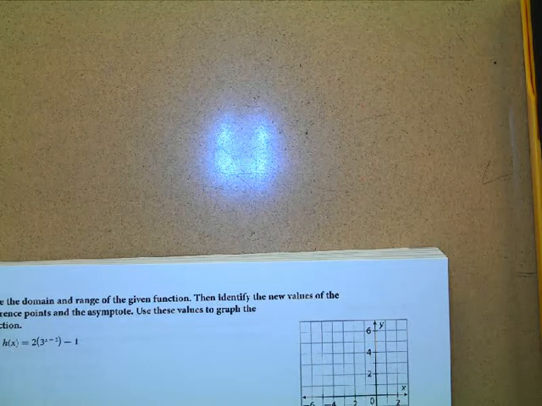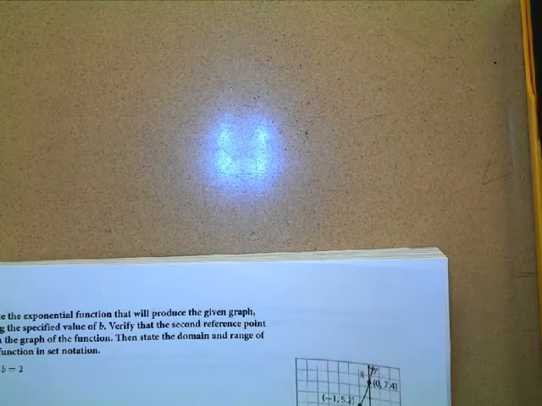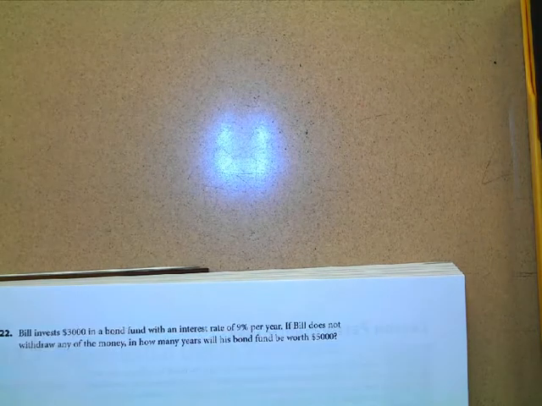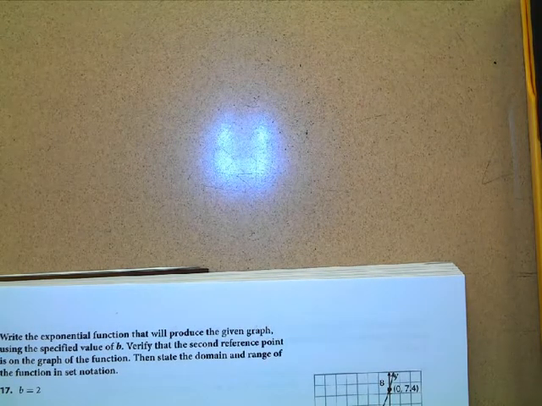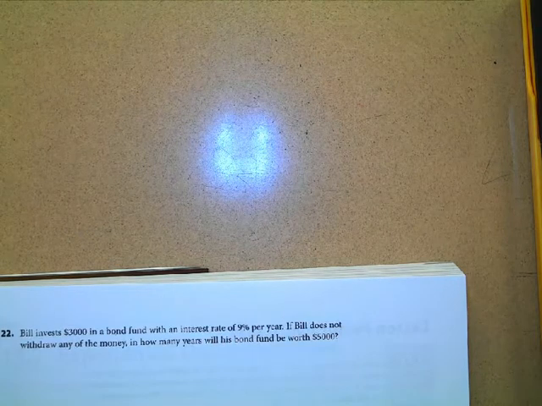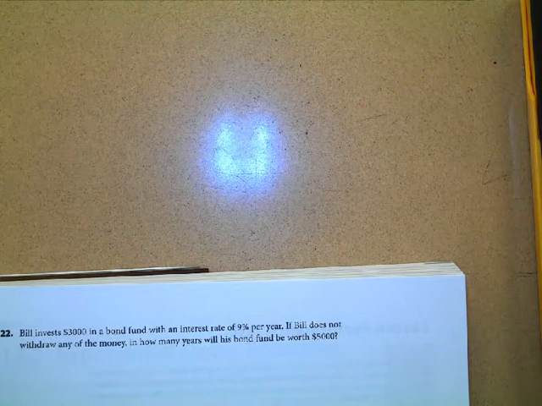So 18 is going to be writing the equation, so that's f of x equals a times b to the x minus h plus k. And then this one's going to be the exponential growth, f of x equals a times 1 plus r to the t.